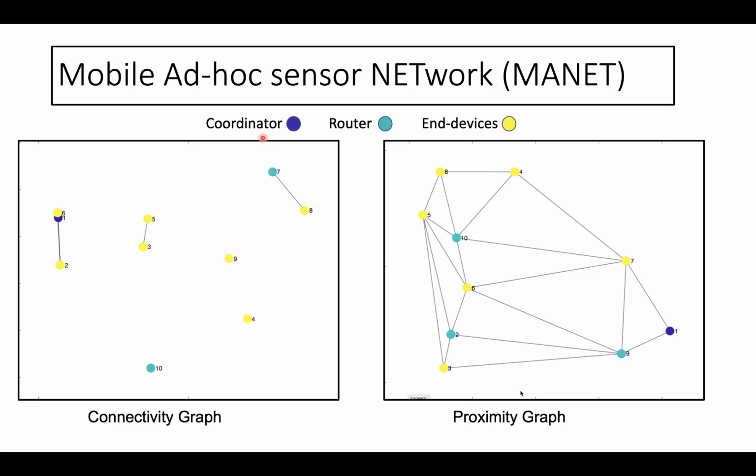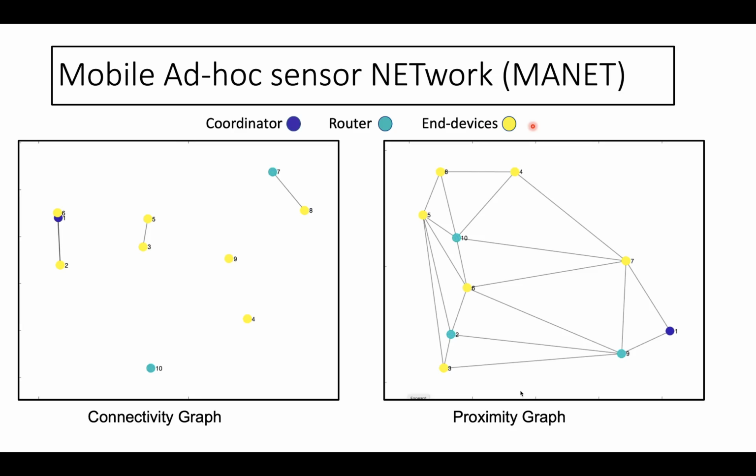And then there are the end devices, the ones in yellow, and they can communicate only with the coordinator and with the routers, and are not enabled to relay data from other devices.